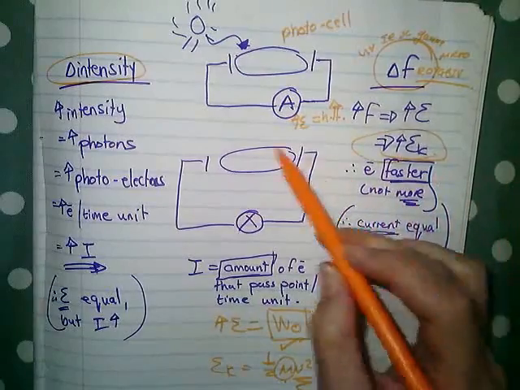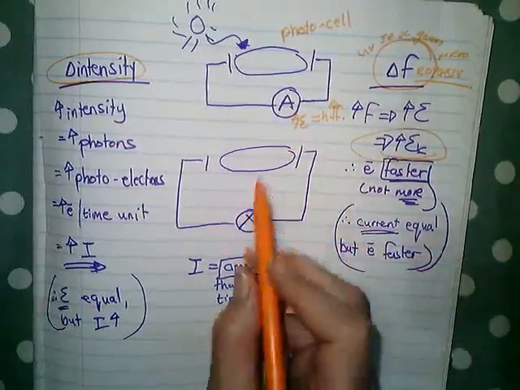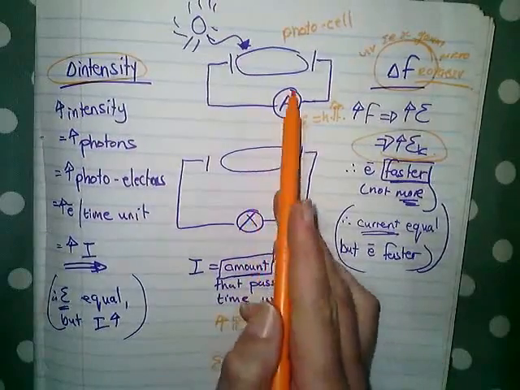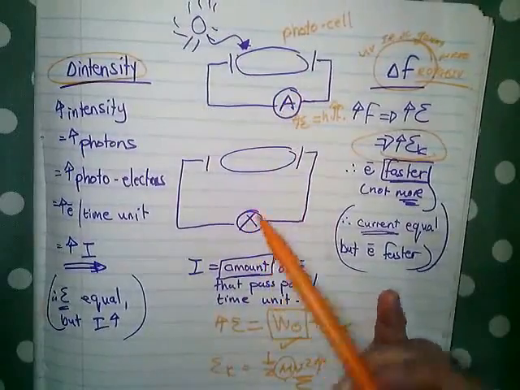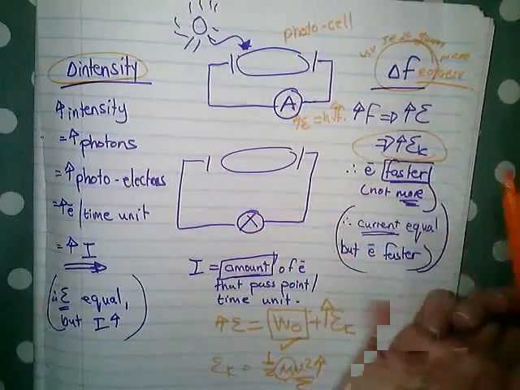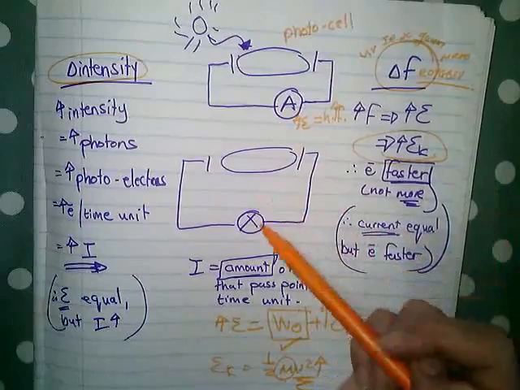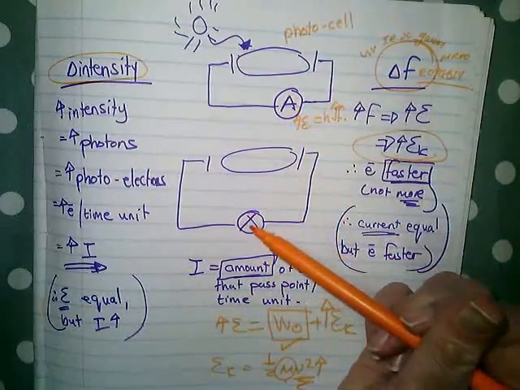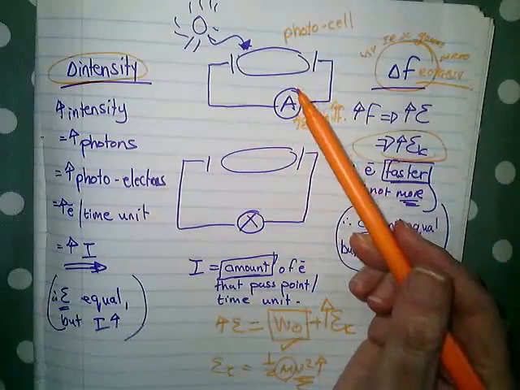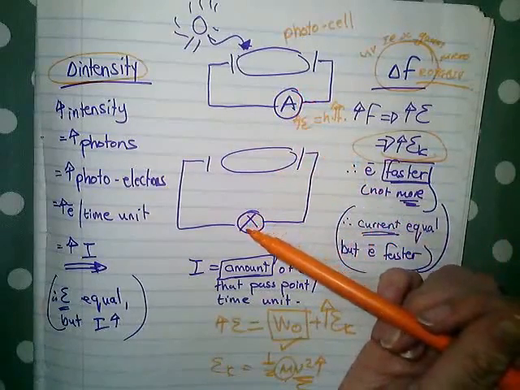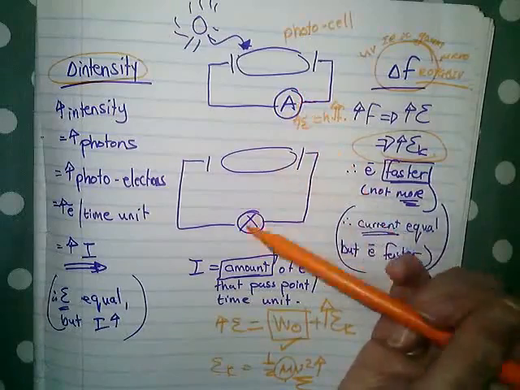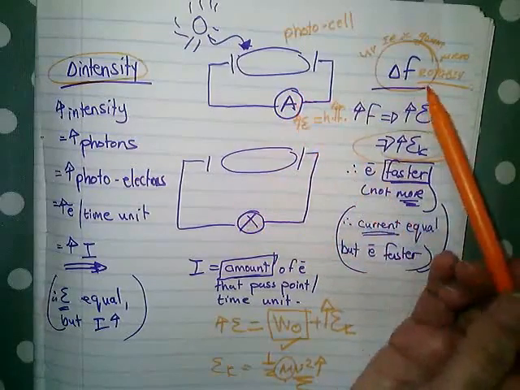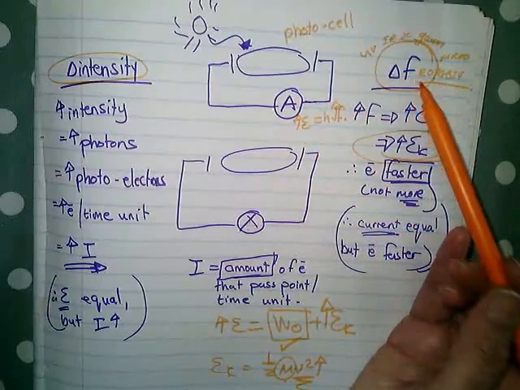So the current would stay equal, because the current is the amount of electrons that pass this point in a certain time. Okay, so you remember from circuits, we said the higher the current, the brighter the light bulb. The lower the current, the less bright the light bulb. So because the current will stay the same, the brightness of a light bulb will stay the same if we change the frequency.